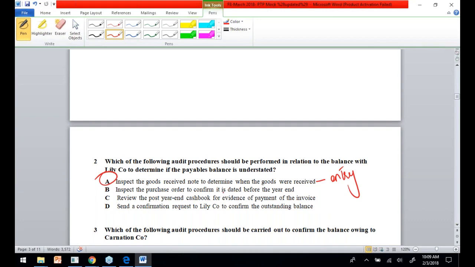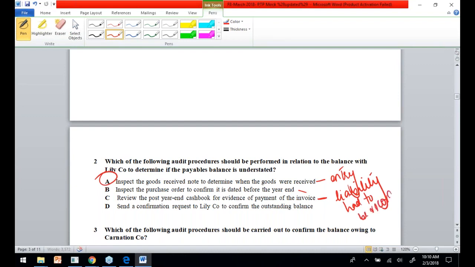Inspect the purchase order to confirm it is dated before year end. That would not have mattered because that does not indicate when the purchase entry should have been booked in the records. Review post year end cash book for evidence of payment of the invoice. The payment does not matter. You are checking when liability had to be recorded.